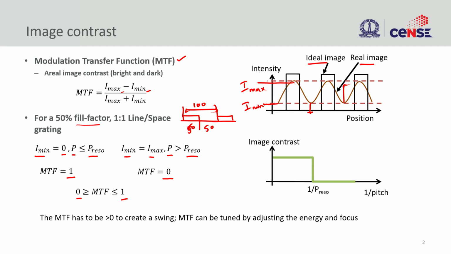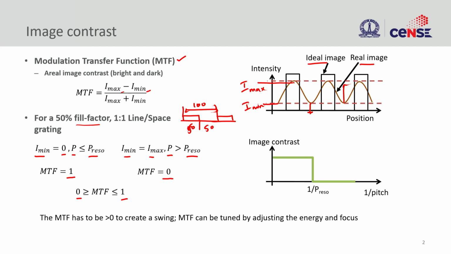Anywhere in between we will have a partial reproduction, and that is reasonably good for a lot of applications. We will see in the next slide why you do not need 1 in order to reproduce this image.